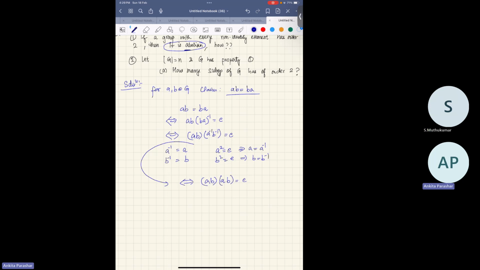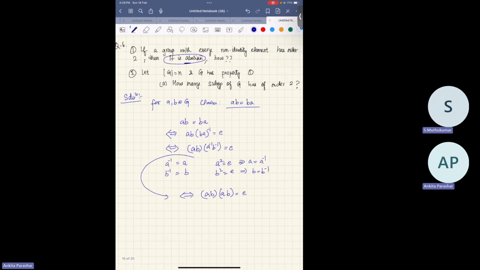Now, can we say something? The last one is valid, the last one is true. Why? AB into BA squared equal to E is true.